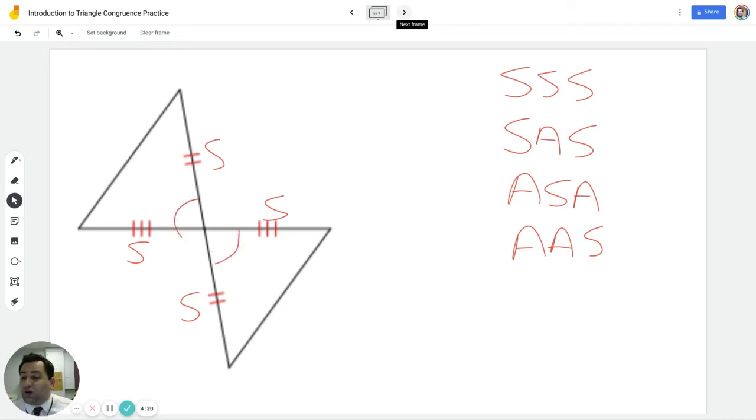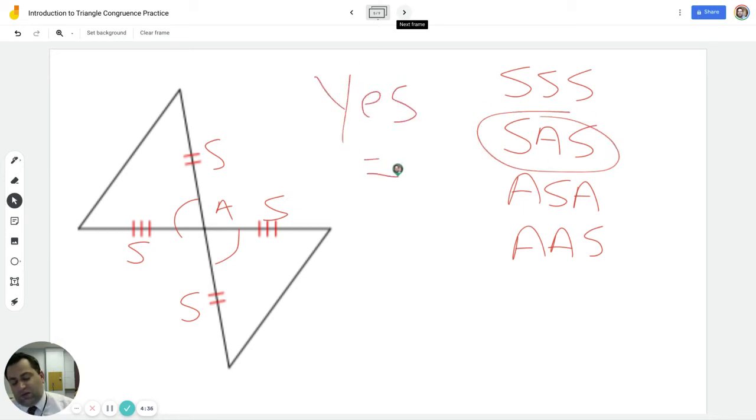These two angles are vertical angles, so I know that they are equal to one another. So in both of these triangles, I have an S, an A, an S, a side, angle, side. That happens to be on our list, so we can say, yes, we have congruency.